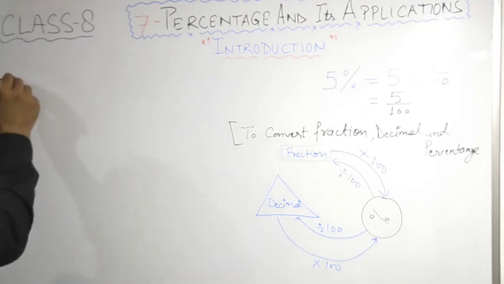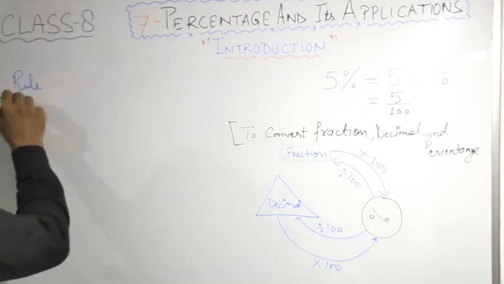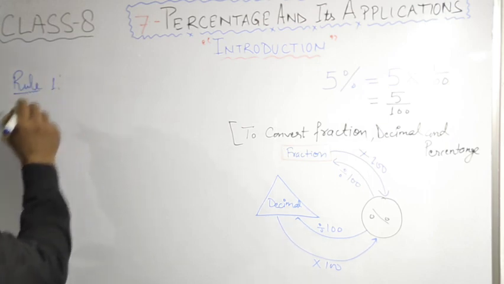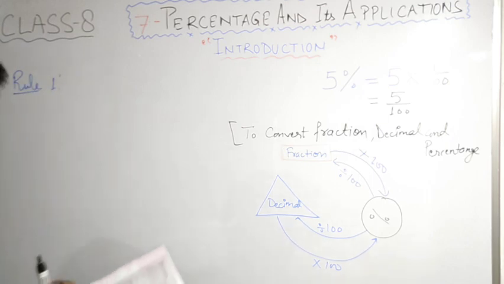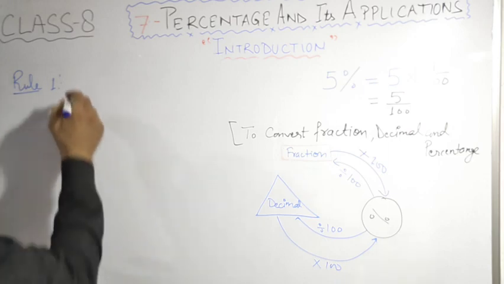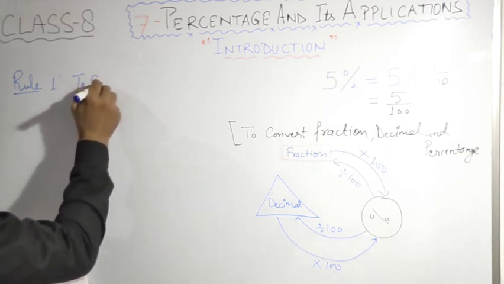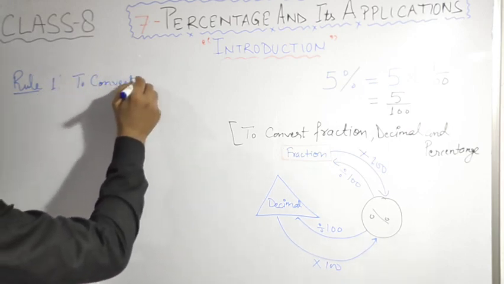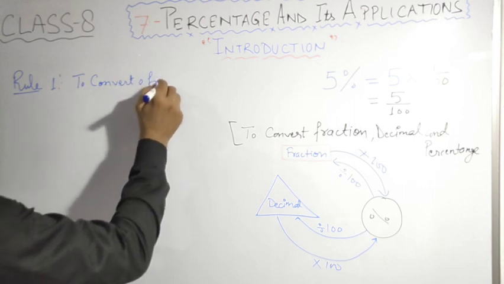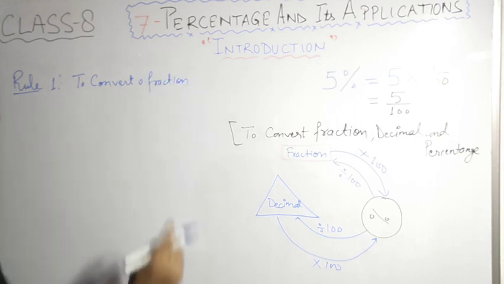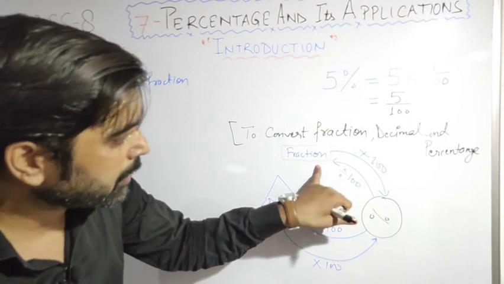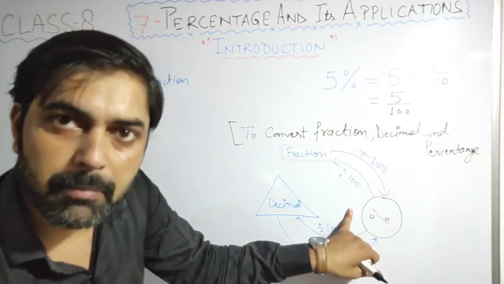Now rule first. The rule will be, means how we can convert. To convert a fraction into the percentage, multiply by 100.